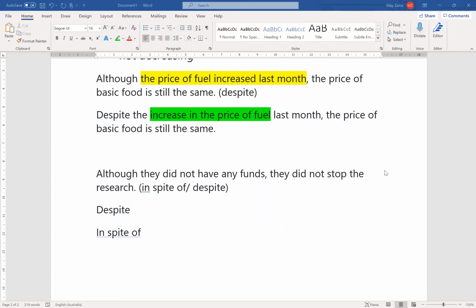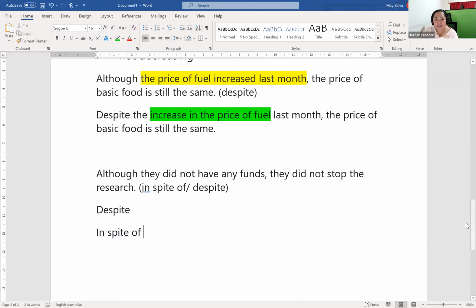Sorry, Miss May, I was late and I lost some. Despite and in spite of are synonyms? Yes, they are synonyms, and you can use both on the same occasion. You can use them both to mean opposite ideas, but there are rules when you write them.